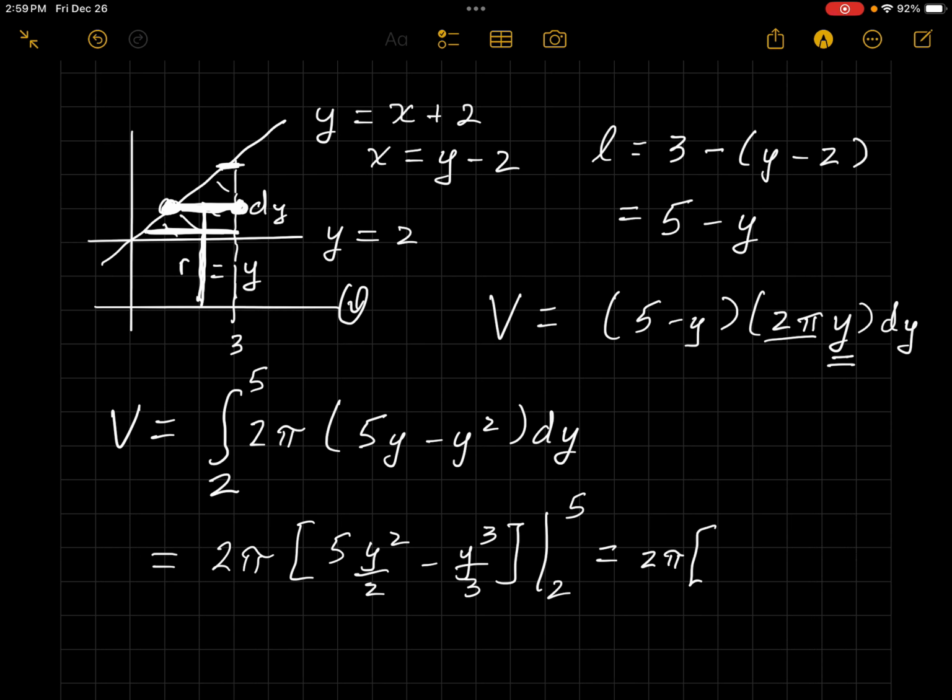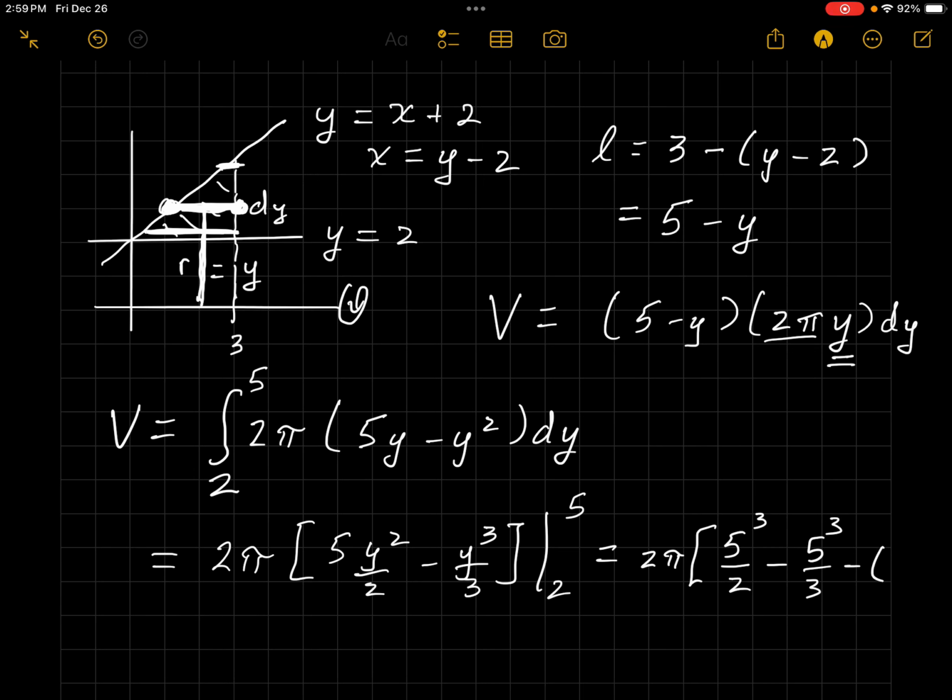Leave the 2 pi out. And then I'll plug in the top limit, so I'll have 5 times 5 squared. So let's see, that's really 5 cubed over 2 minus, plug in the lower limit. Oops, let's plug in the top limit over here. I still got one more of those to do.